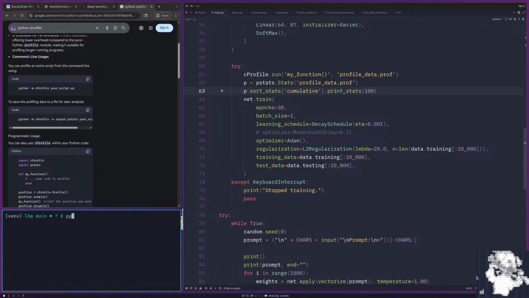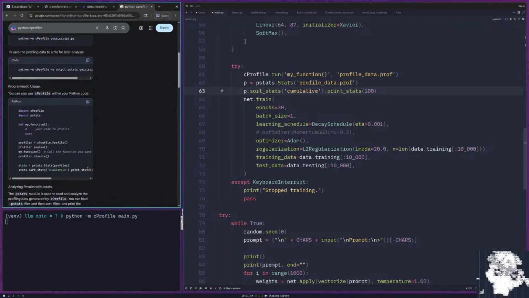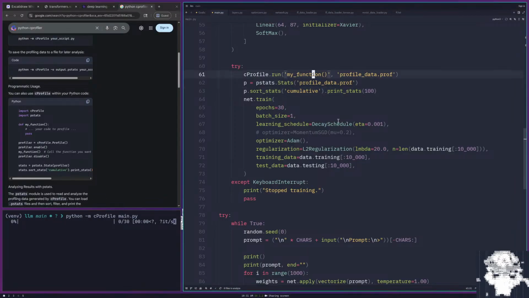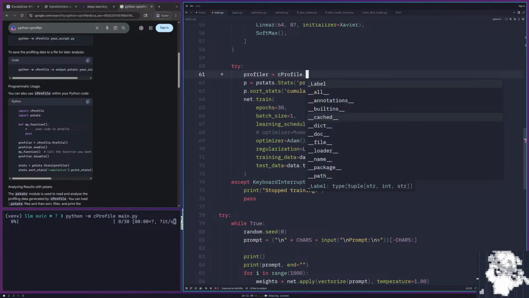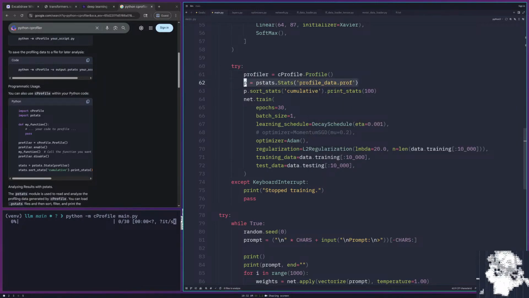I can do it from the command line. Python -m cProfile main.py. But yeah, this is what I want. Just .run, or it's not even .run. It's cProfile.Profile, profiler.enable.